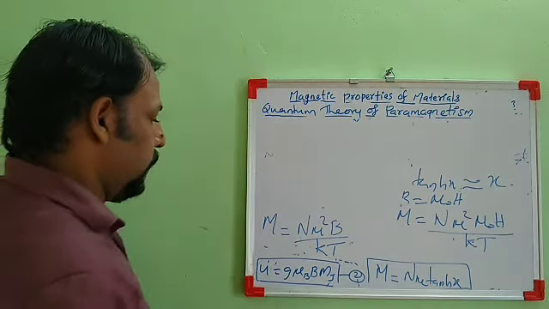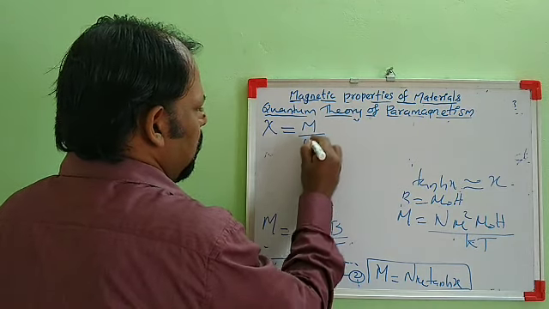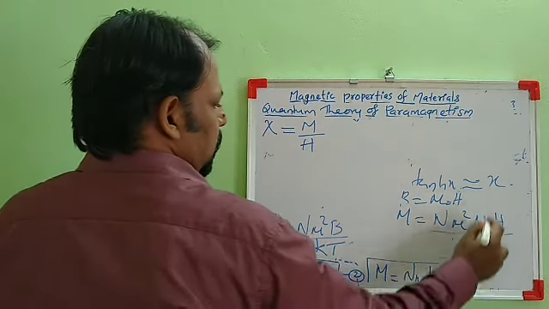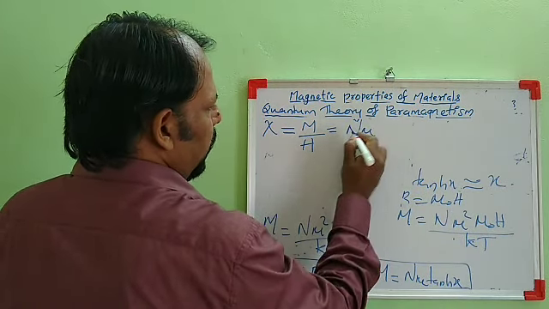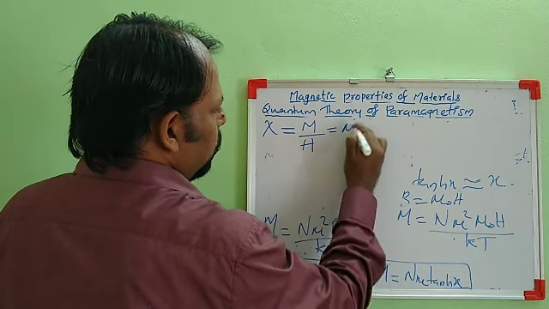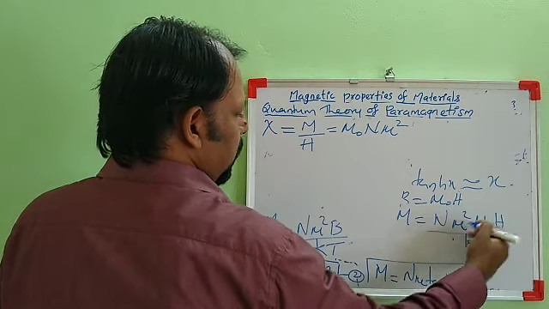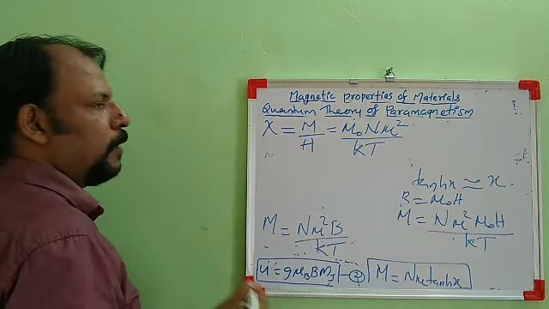The volume susceptibility chi equal to M by H in SI units. Then dividing by H, we will be getting the susceptibility as mu 0 N mu square by kT.